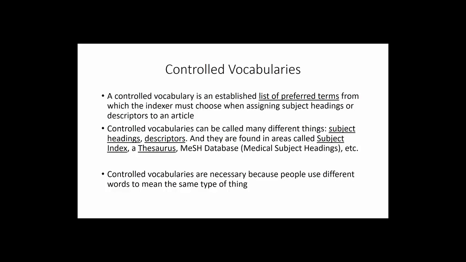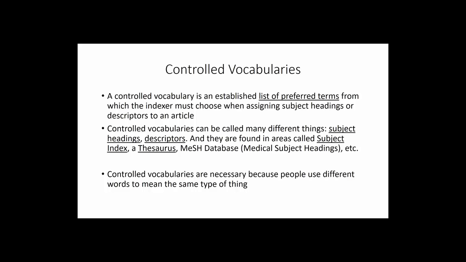So if your job is as an indexer, you read a piece of new research, and then based on a list of terms, you decide which of those terms best describes the article. These controlled vocabularies can be called different things, such as subjects, subject headings, descriptors, and you're looking to find them in areas of the database called subject index, or thesaurus is another popular term for it.